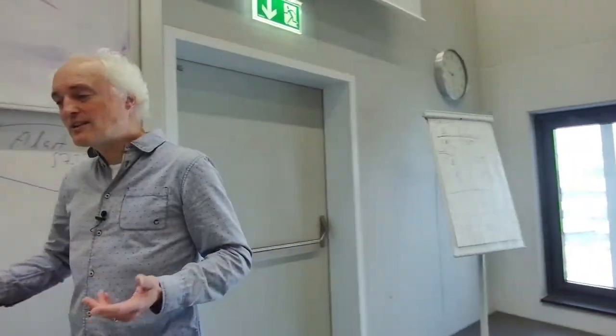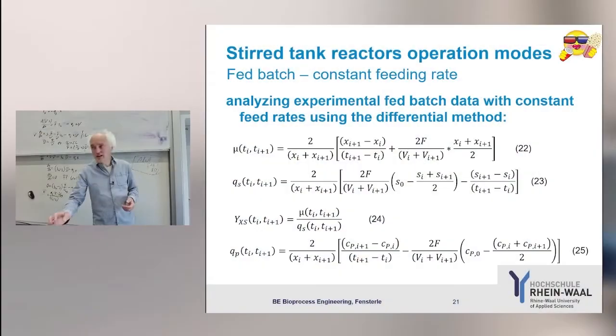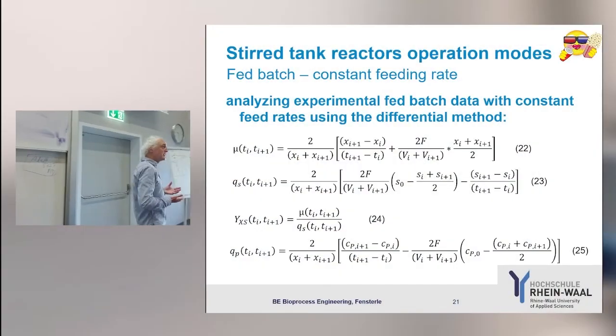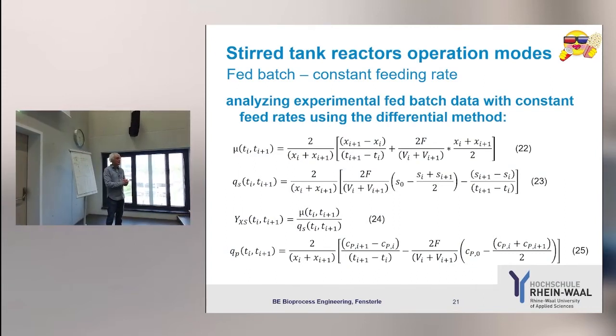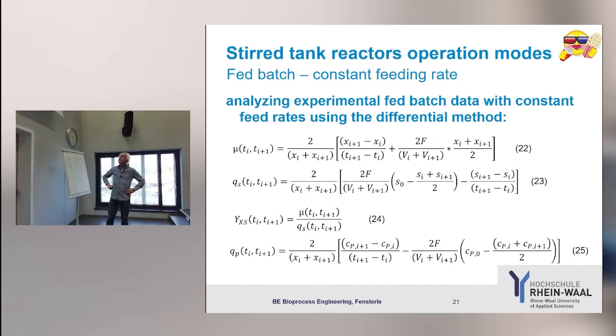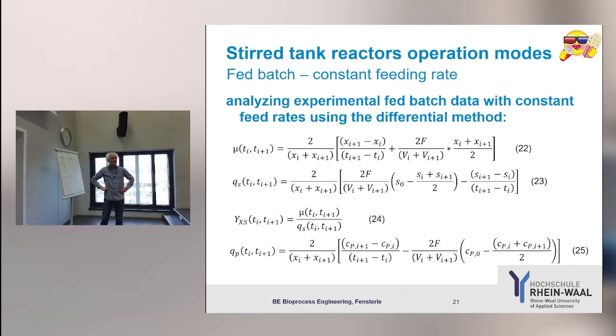Of course, do we get a higher precision in a real-world experiment if our delta t is half an hour, as Professor Fensterle said? Then of course half an hour is far away from dS/dt, if we look at our equation where we want to calculate qS.